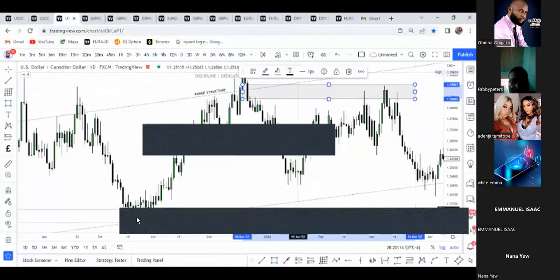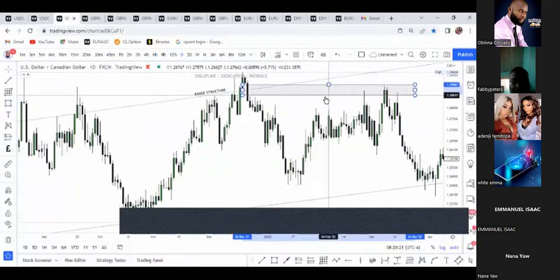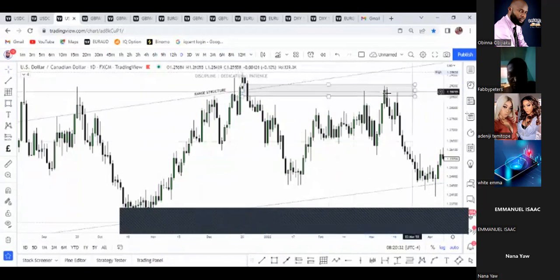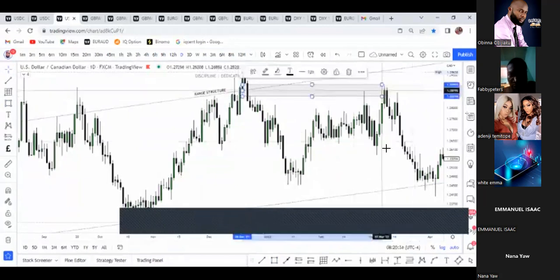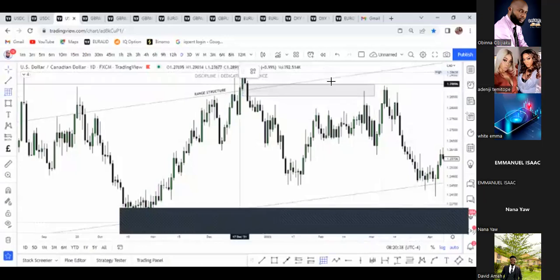Can you guys hear me? Yes, I can hear you. This fair value gap that is here. Typical example of, who can tell me what is it? Who can tell me what price did here?